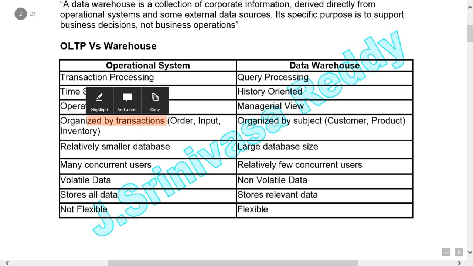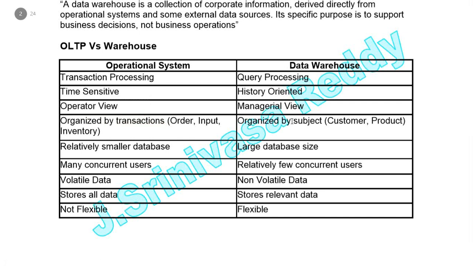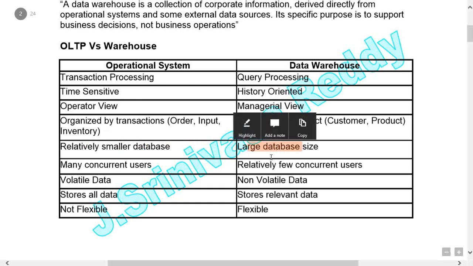The data warehouse is organized by business subjects like sales, customer, shipment, product, branch, stock management. It is organized by business subject areas. Operational systems are relatively small databases in size. Data warehouse systems are very large, containing very large volumes of data.